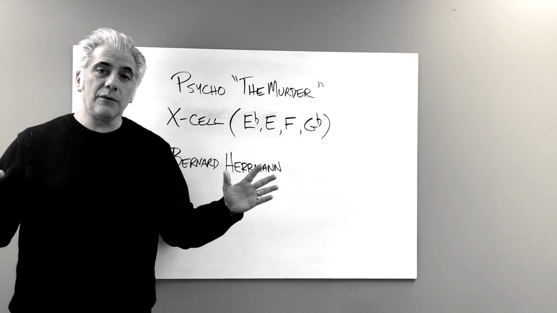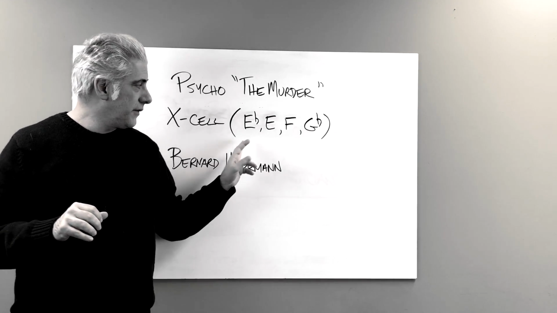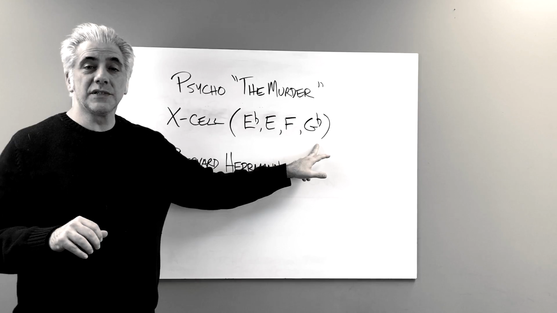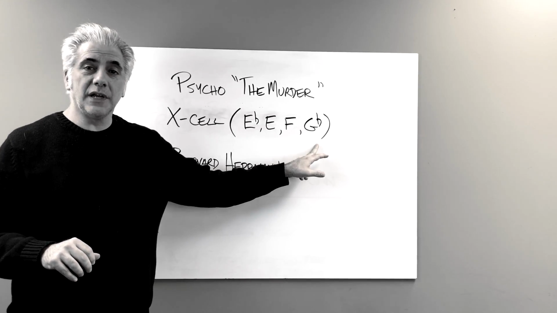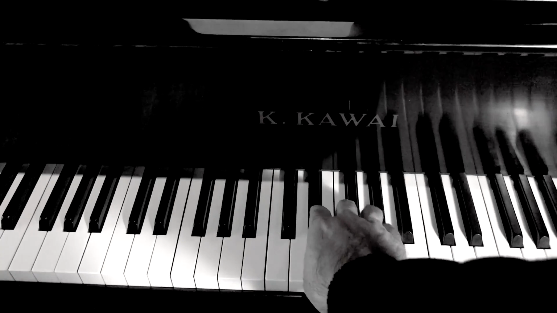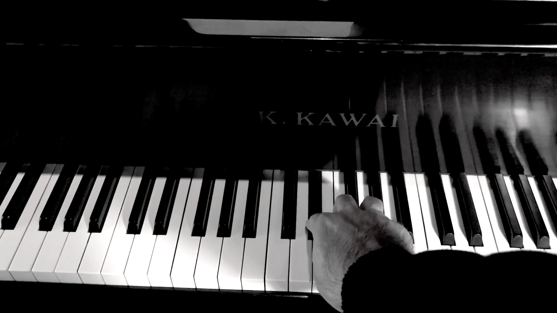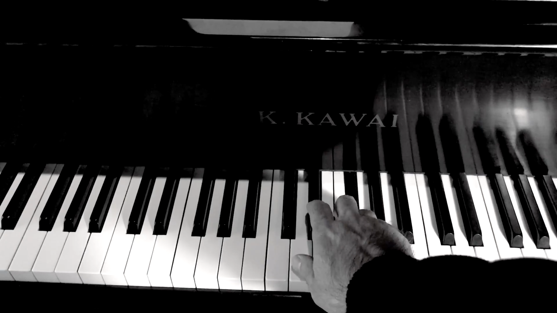They are spaced out beyond a couple octaves, but this is the X cell or pitch set that he uses for that cue. The X cell that was used began on the note E flat and included those 4 notes: E flat, E, F, F sharp.